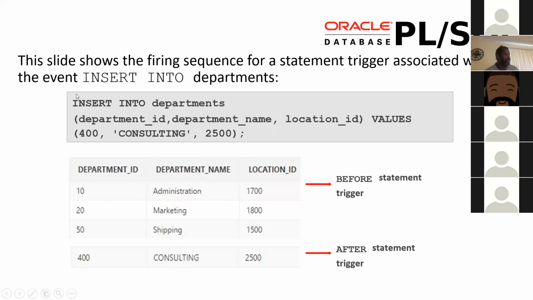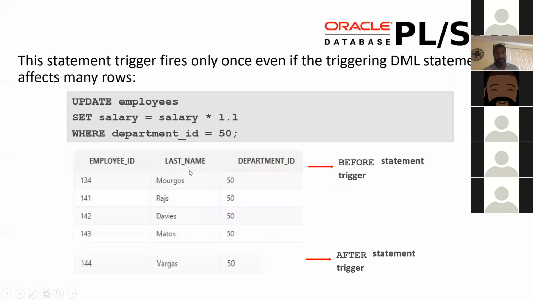This slide just shows essentially the firing sequence of the trigger for that table. If it's a before trigger and you're running an insert statement, it fires before the values are inserted, where you see the department ID, et cetera. And then the after trigger fires after the data is inserted into the table. As far as the update trigger, it's the same thing.